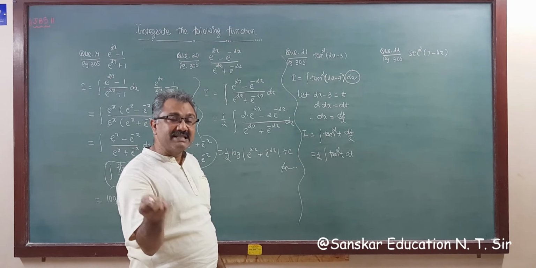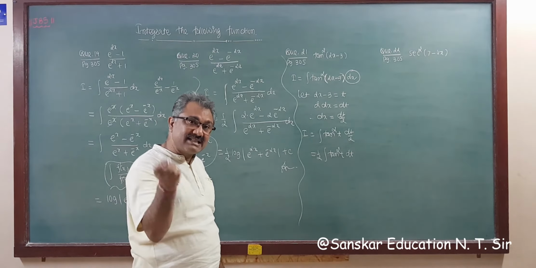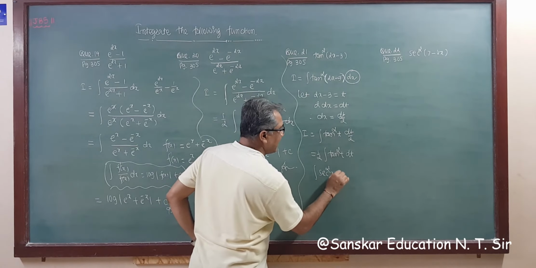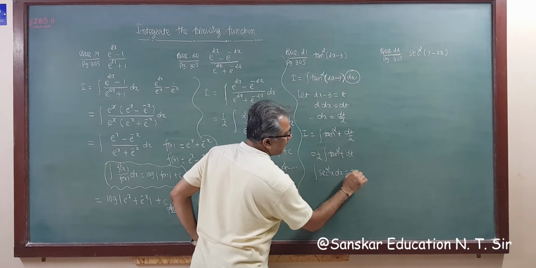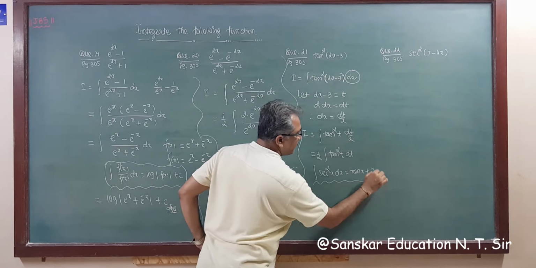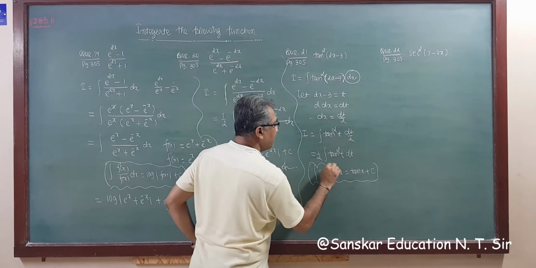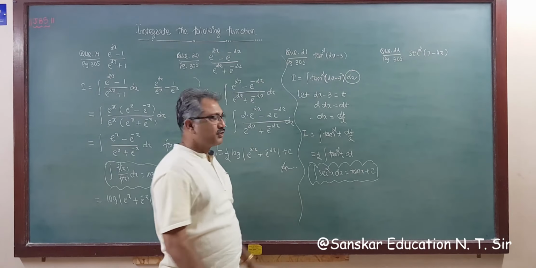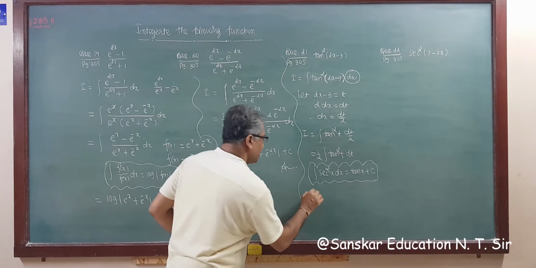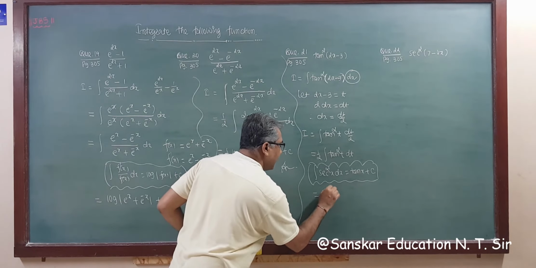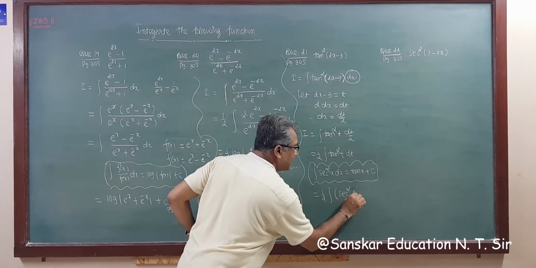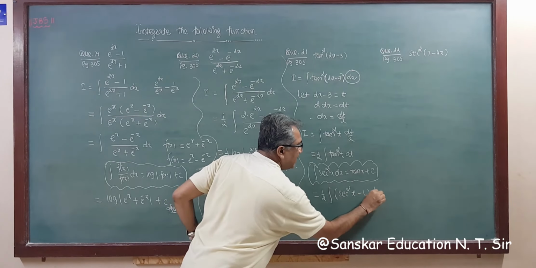We have to change it into sec, because the formula is integration of sec square x dx is tan x plus c. This is your formula. So tan square t is equal to sec square t minus 1.